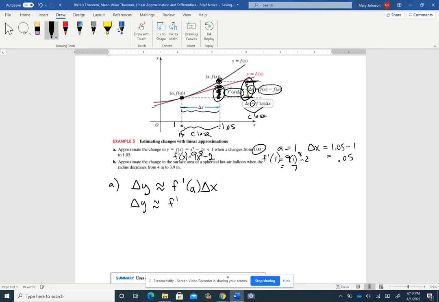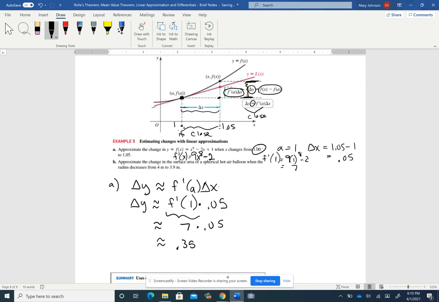I'm going to do it by doing f prime of 1 times the change in x when I go from 1 to 1.05, which is times 0.05. So it's going to be 7 times 0.05, which would be about 0.35.